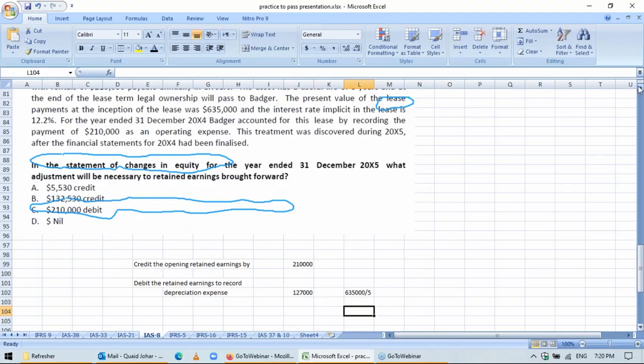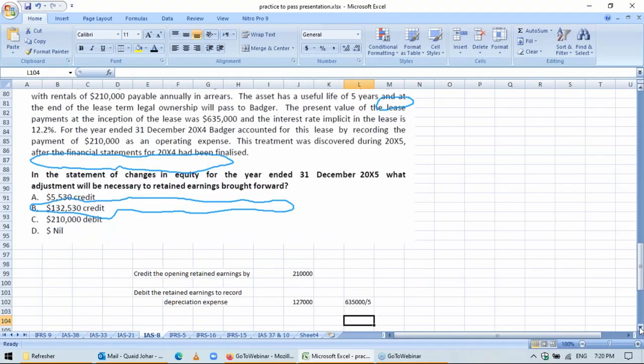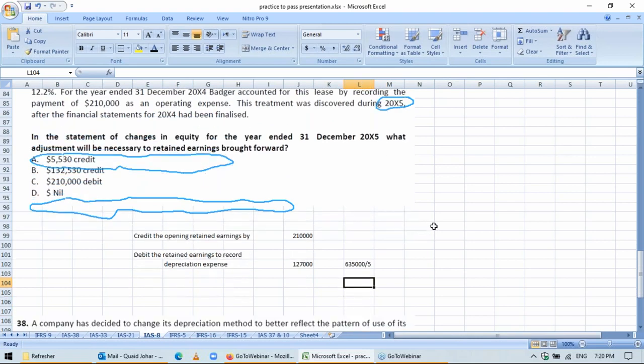Why 5 years? See, the depreciation of lease asset. Lease asset shall be depreciated over how many years?